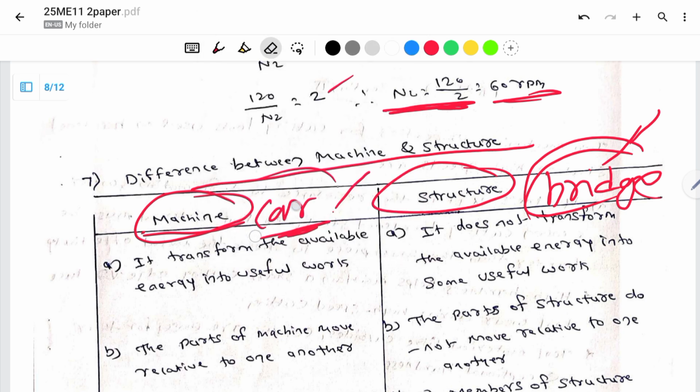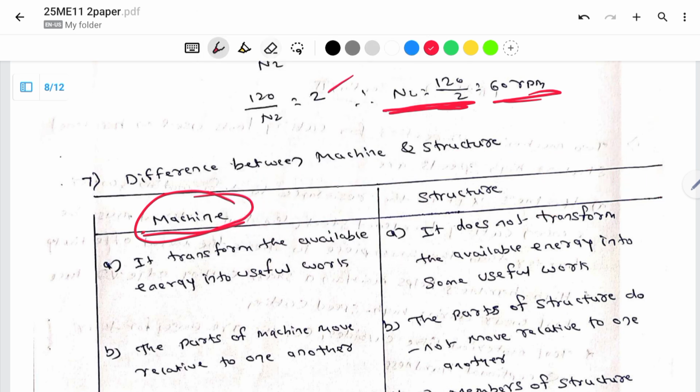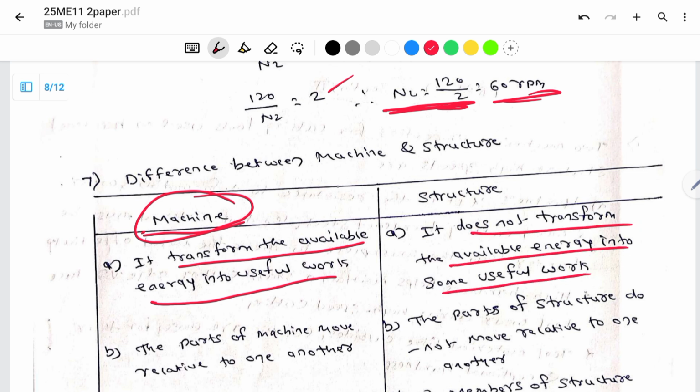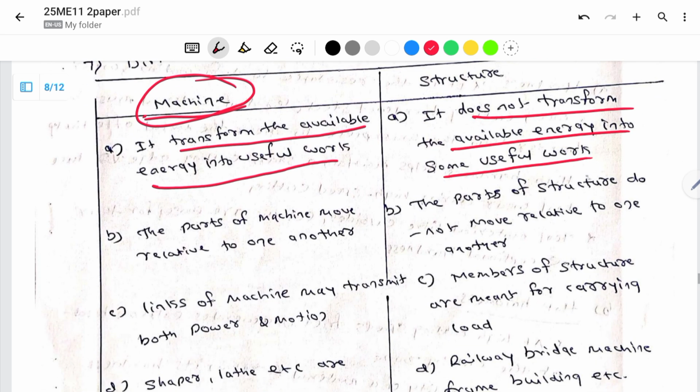Now here you can understand. A machine transforms the available energy to useful work. A structure does not transform the available energy to useful work. It is steady. Next, parts of the machine move relative to each other. Here parts of the structure do not move relative to each other.